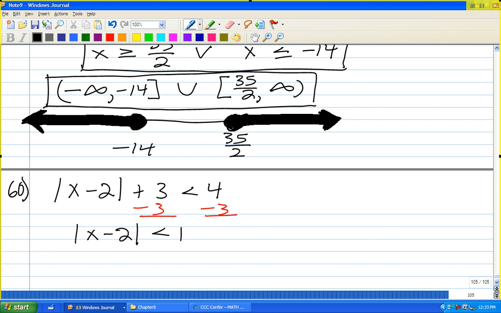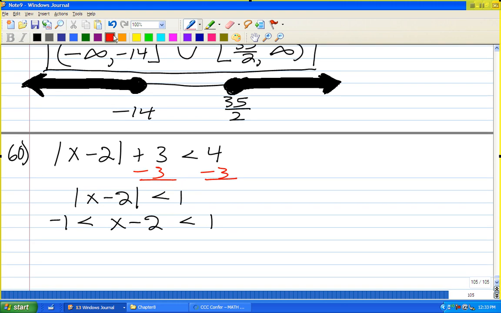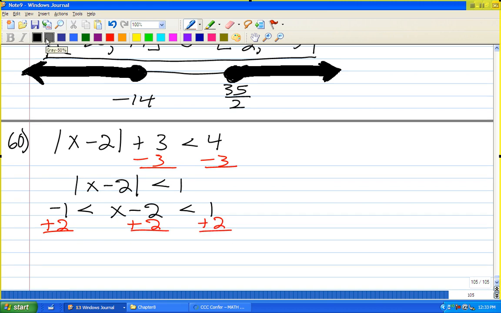Let me rewrite this. Well, this is the same as saying that x minus 2 is between negative 1 and positive 1. Let's solve for x. Isolate x in the middle. Let's add 2 to every side of my inequality. And so 2 minus 1 is 1. The 2's cancel. 1 plus 2 is 3.